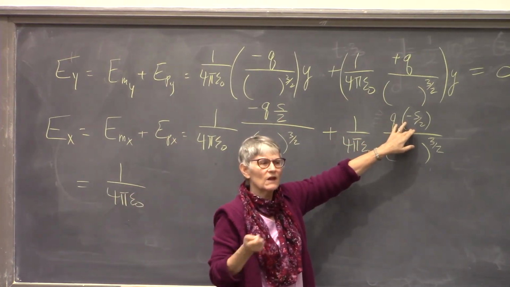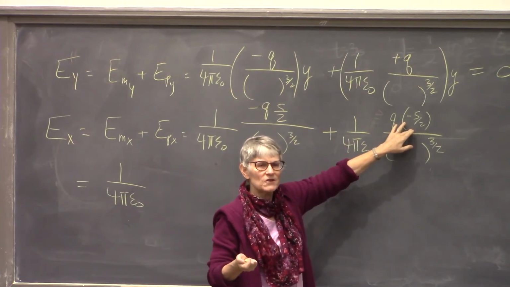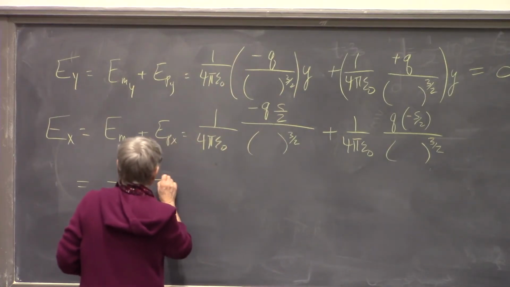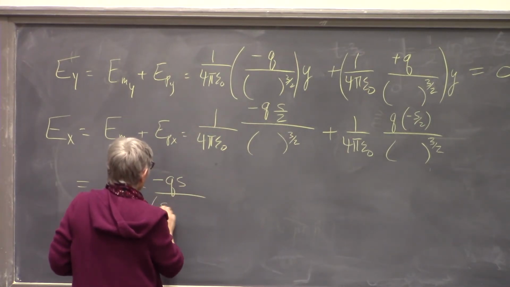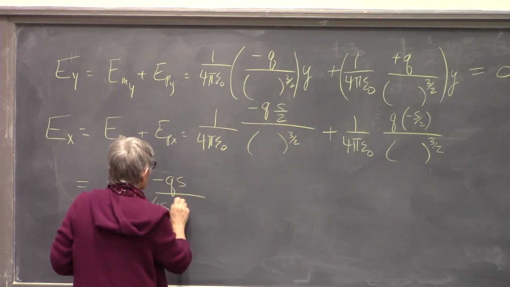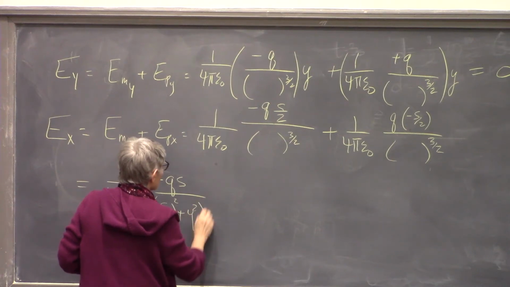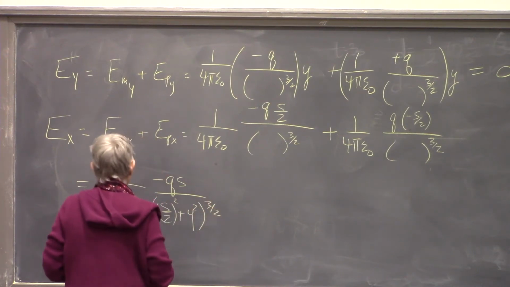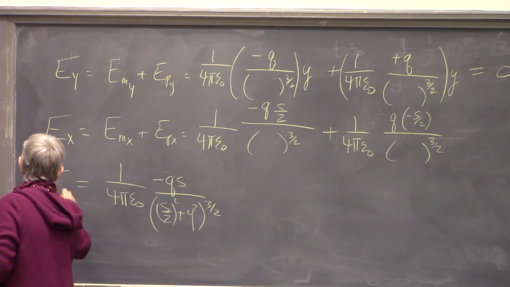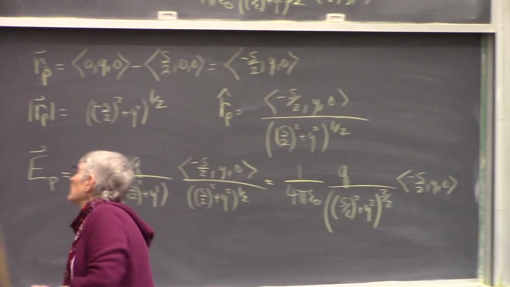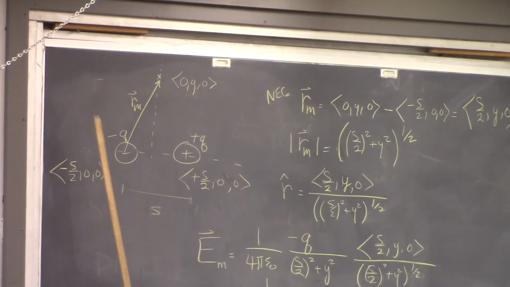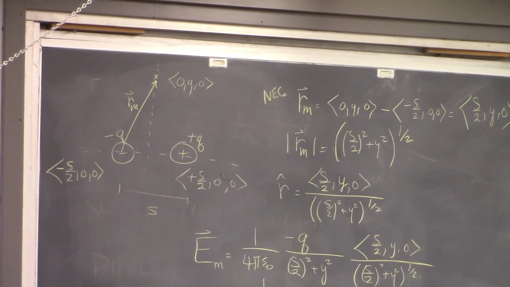So that gives us a negative qs over s over 2 squared plus y squared to the 3 halves, which says that the electric field is pointing in the negative x direction, which looks right.